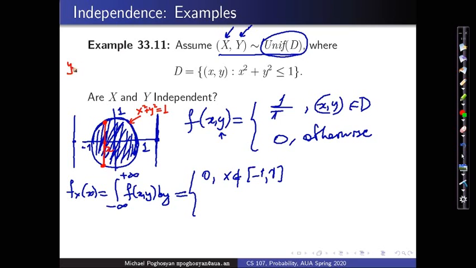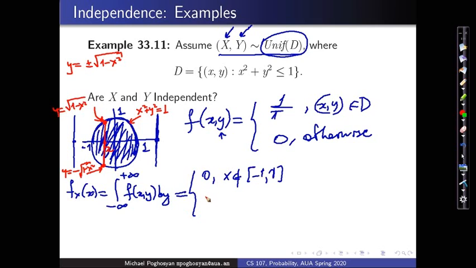So y is equal to plus or minus square root of 1 minus x squared. The upper part of this circle corresponds to the positive square root, and the lower part corresponds to the negative square root of 1 minus x squared. So this point is y equal to minus square root of 1 minus x squared, and this point corresponds to y equal to plus square root of 1 minus x squared.